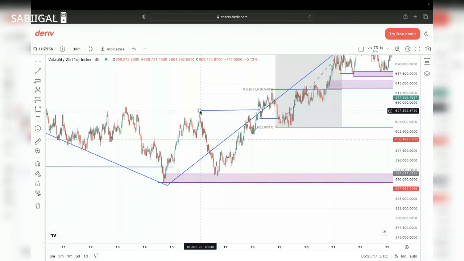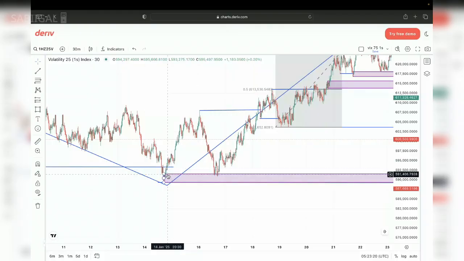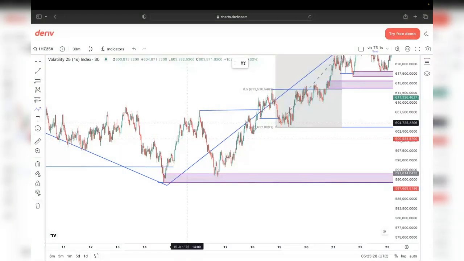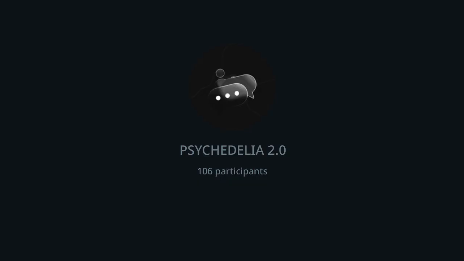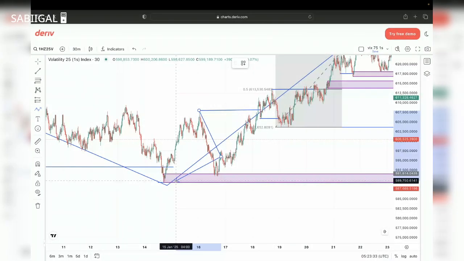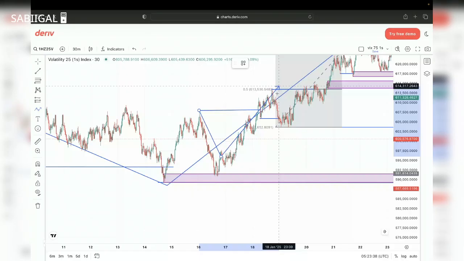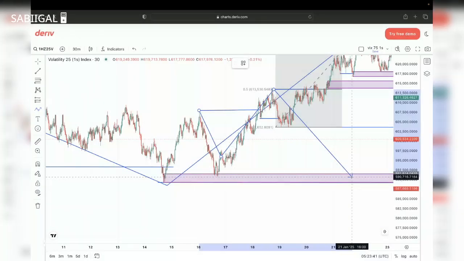I'm not talking about social liquidity. I'm talking about an internal that should have been something like this, within the 50% as well. It would have been something like this, 50% of this to this, without mitigating this point of interest that it did before going up. Then we would have taken a risk from here.